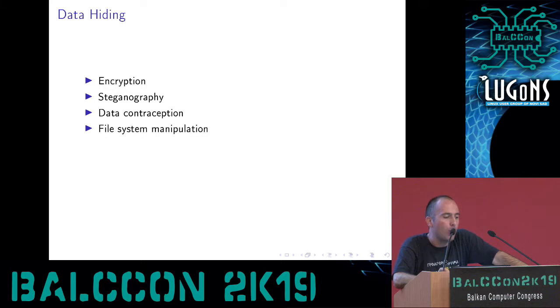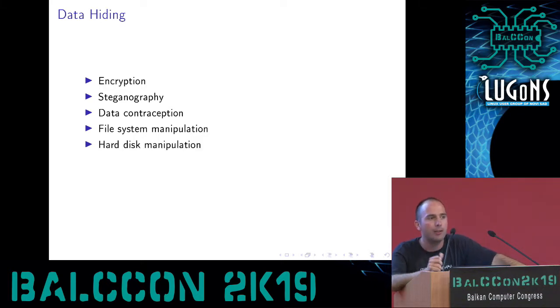We can manipulate the file system or hard disk. I already explained several techniques. What we can also do, I mentioned that there is always, most of the time, some empty space on the hard disk, and also there is slack space at the end of some blocks.